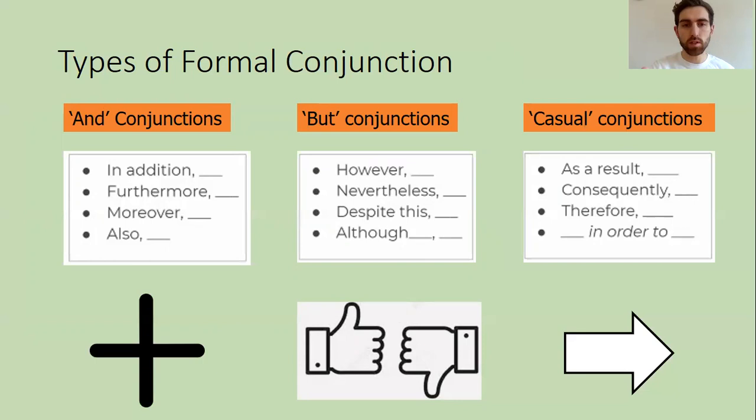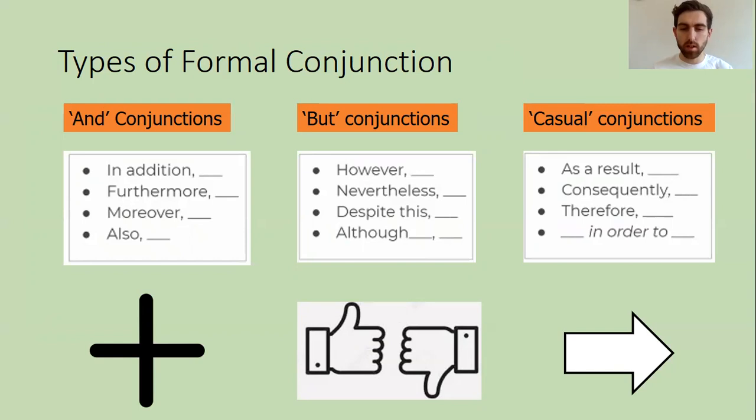You'll notice in the middle column, with the but conjunctions, that although is a little bit different because it needs a subordinating conjunction. So it needs to be followed by a subordinate clause and then a comma. And lastly, we've got causal conjunctions: as a result, consequently, and therefore. Well done if you thought of any of those.